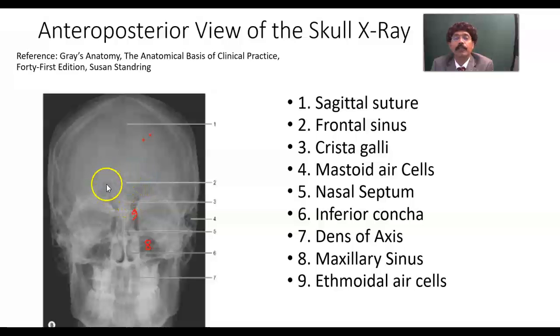It is present in the frontal bone, and they are usually asymmetrical, more prominent in the male, and it opens into the anterior part of the middle meatus through the frontonasal duct or through the infundibulum. They develop gradually after birth.